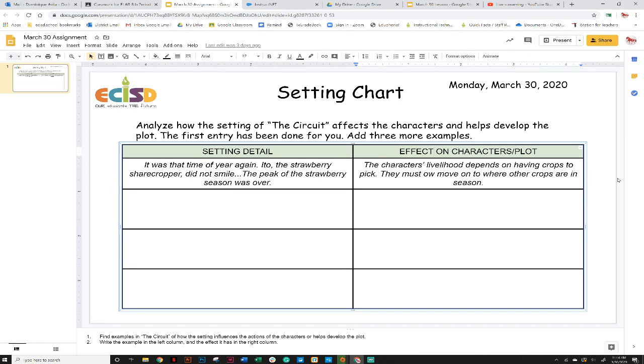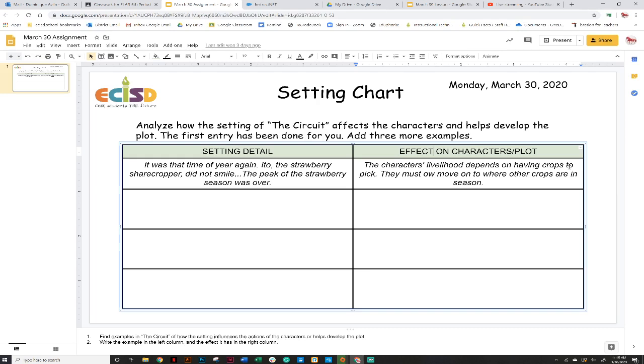Well, the characters' livelihood, in other words, how the characters earn money, depends on the crops that are grown. So if a certain crop is out of season, meaning it's no longer going to grow, then those characters have to move to a different farming location to pick the next set of crops.